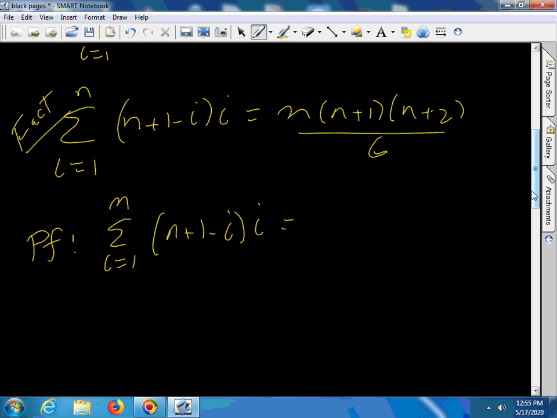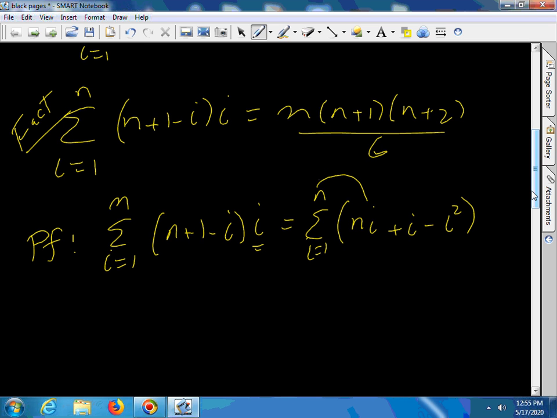Okay, let us distribute that i. i goes from 1 to n. You have ni plus i minus i squared. Okay, now the summation I proved is linear.